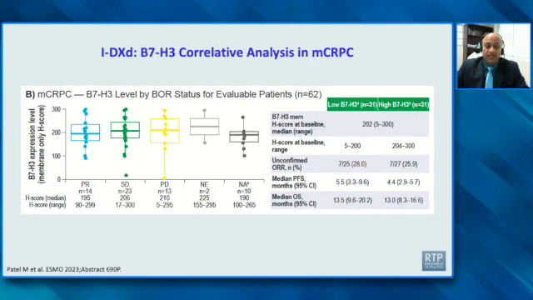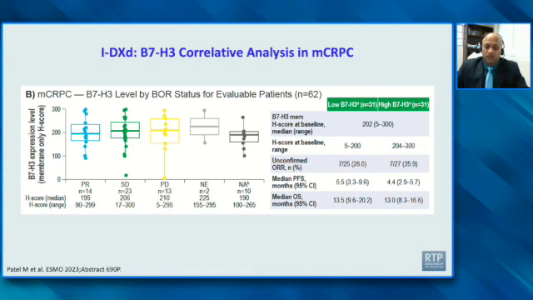And the same thing was seen in the metastatic castration-resistant prostate cancer population. Historically, the higher the B7H3 expression, it's thought that it usually correlates with higher Gleason scores, higher staging, more metastatic disease, a more castration-resistant population.